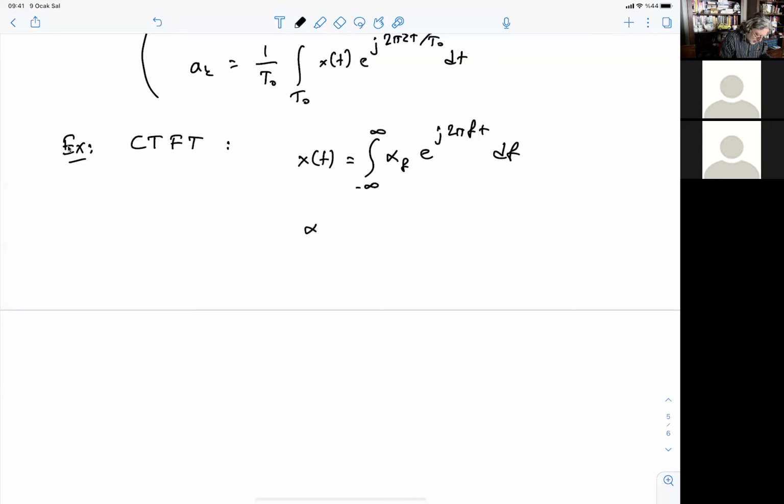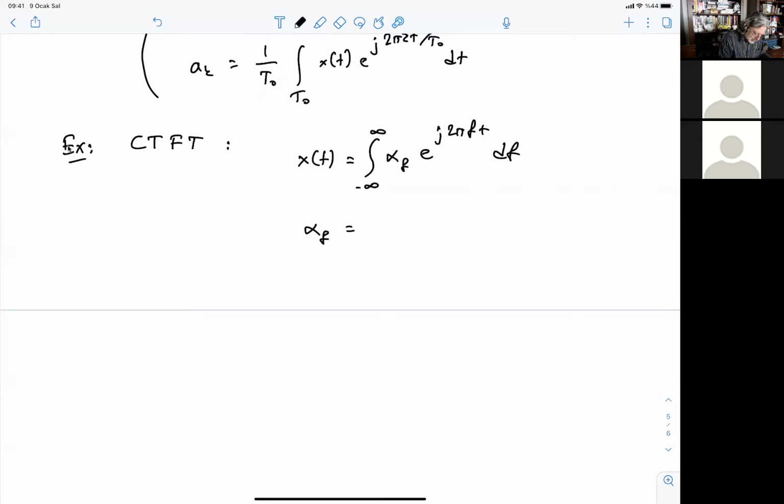So how do we define alpha(f), the Fourier transform, capital X(f)? It is the inner product of x(t) and this, if this is unit norm, if this is orthonormal. It is again orthogonal, but unfortunately not unit norm, because for historic reasons people prefer not using normalized things. For this case, the square norm is actually 2 pi. So I have to divide by 2 pi in the opposite operation, just like dividing by T0 here.